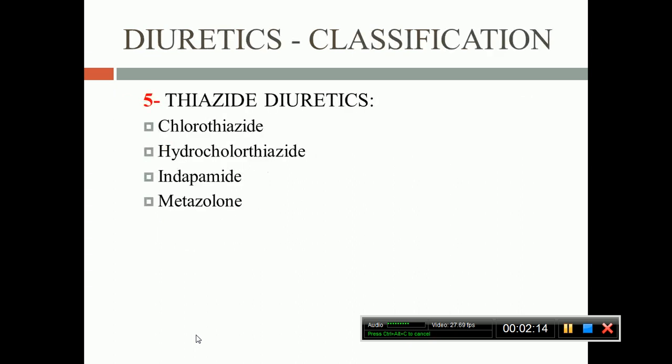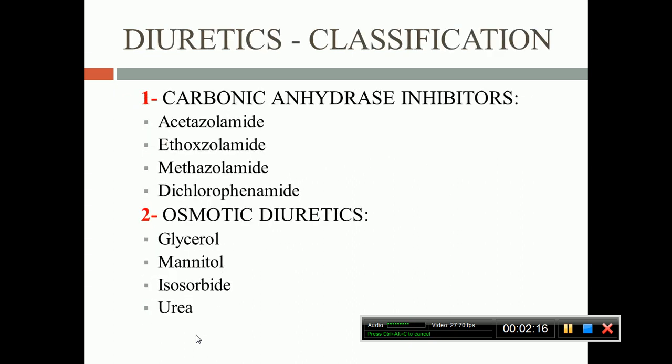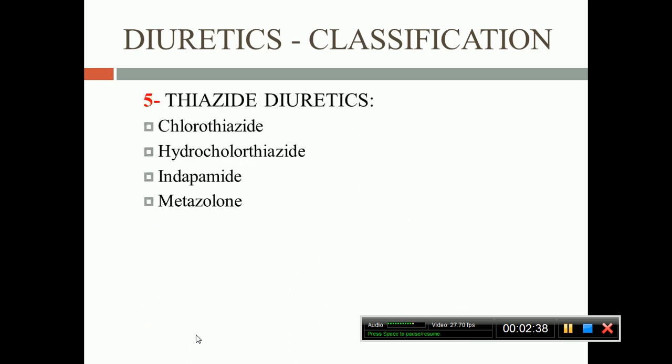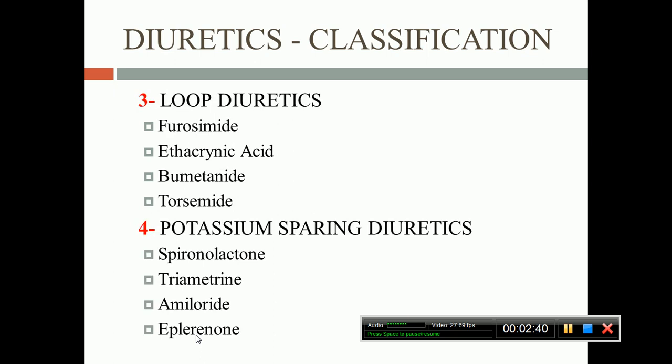So before going into detail, as I asked you earlier, you have to emphasize the different parts of the nephron and the ions that are being exchanged in those segments. All of these drugs act on different segments.